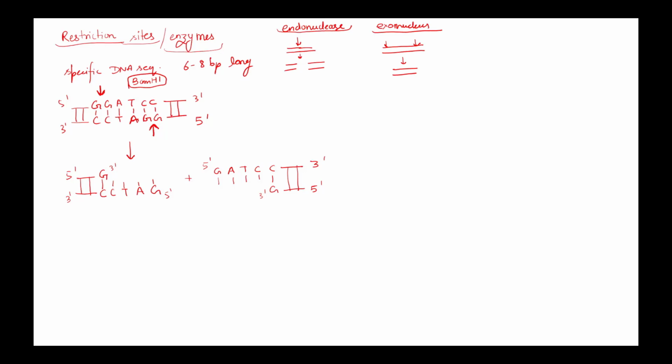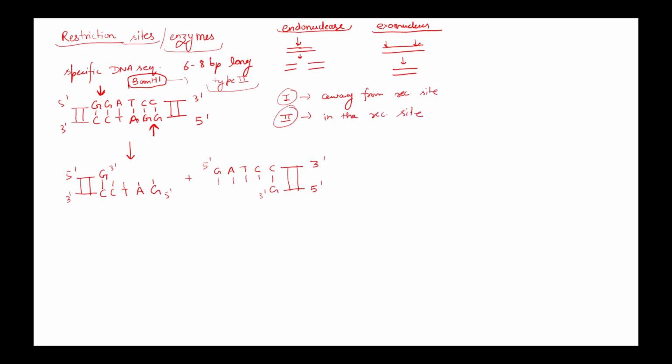So these restriction enzymes come under the category of type 2 restriction enzymes. In type 1, the enzyme makes a cut away from the recognition site, but type 2 restriction enzymes make the cut in the recognition site.